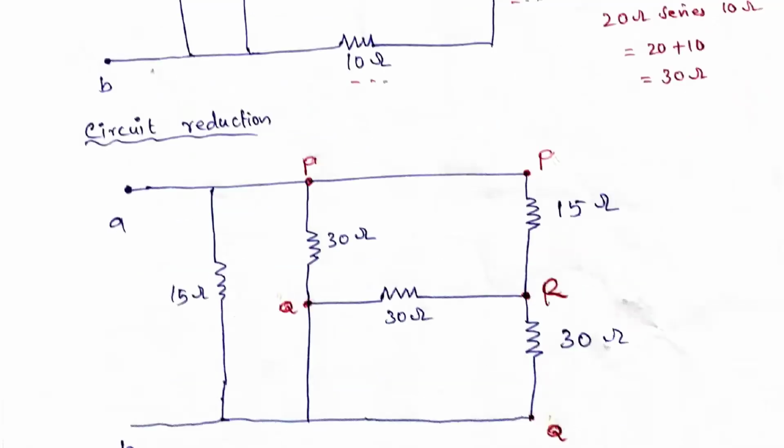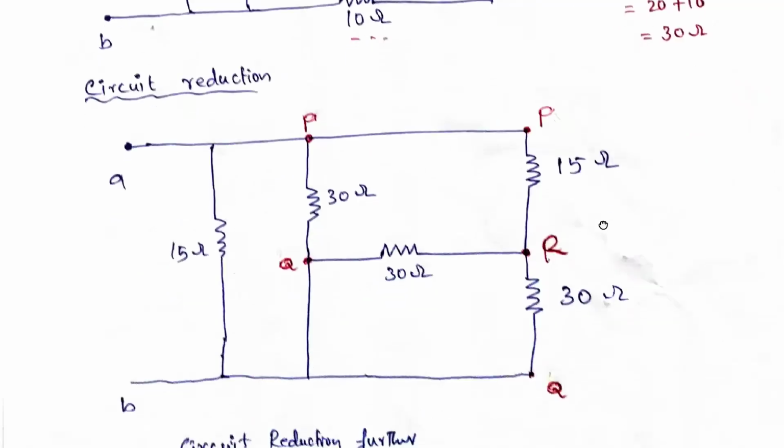As I said previously, to avoid confusion, mark all the points. Now I can easily solve this circuit, but as a basic engineering student, sometimes you will get confused about which two are in parallel and which two are in series.